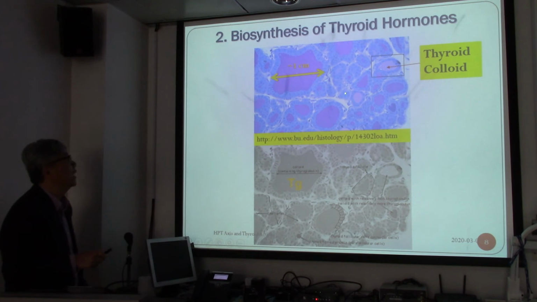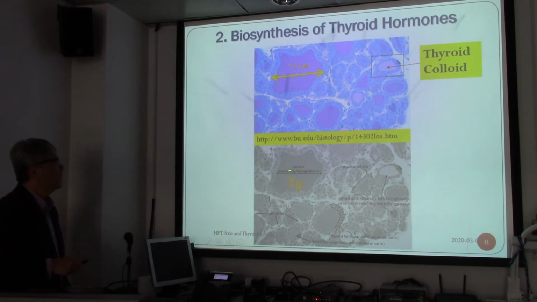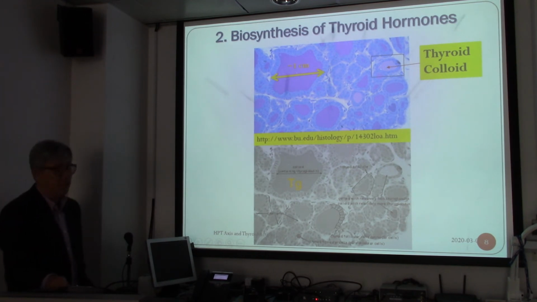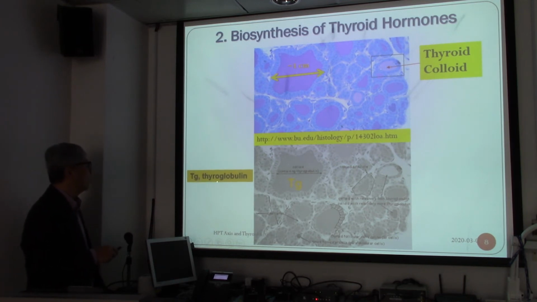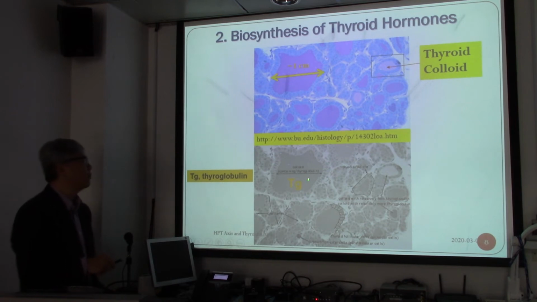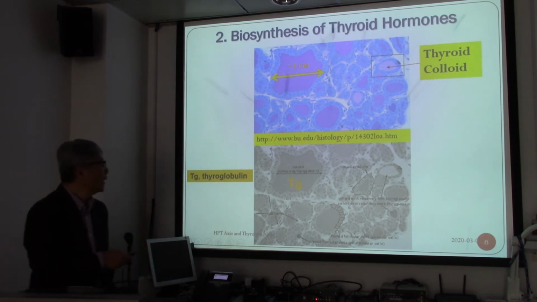So that is a very huge structure. What's going on inside there? Well, inside there it contains a lot of protein known as thyroglobulin, TG. And then you can see all these different cells surrounding the colloids.